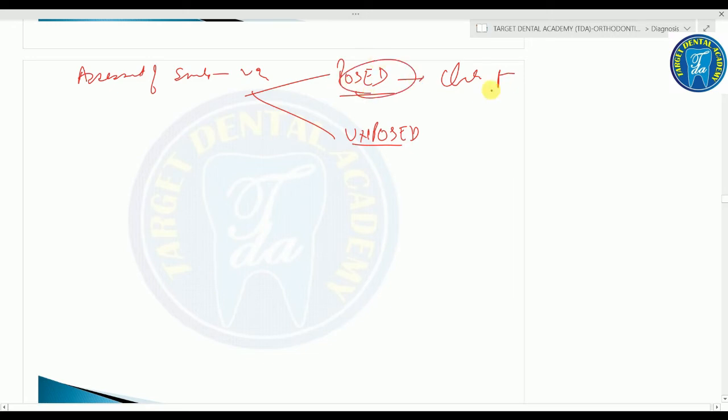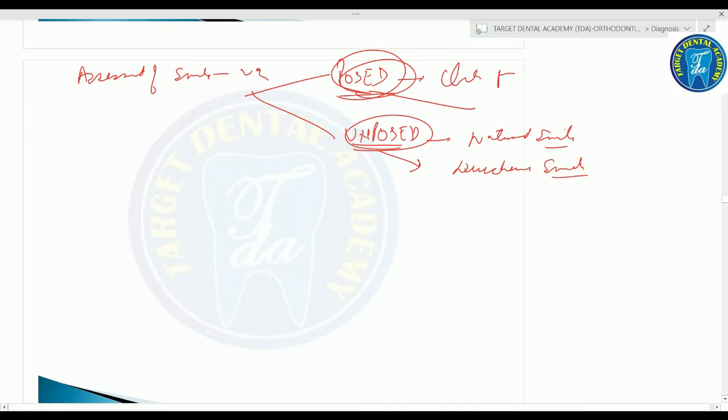When we give a smile for any kind of photography, like for a passport size photograph, this is what we call a posed smile. And the unposed smile is the natural smile. It is also called the Duchenne smile. Fine. So your MCQ which was previously asked is about the posed smile, which is the photographic smile.